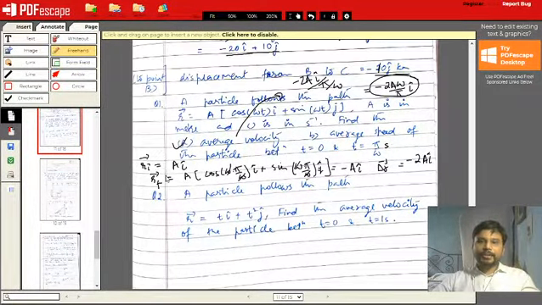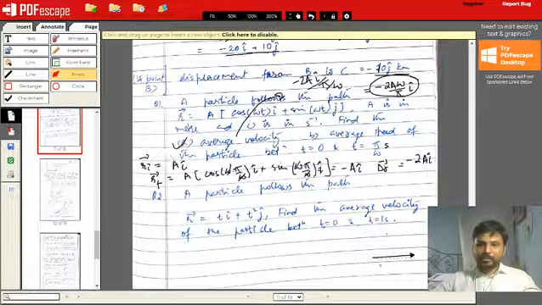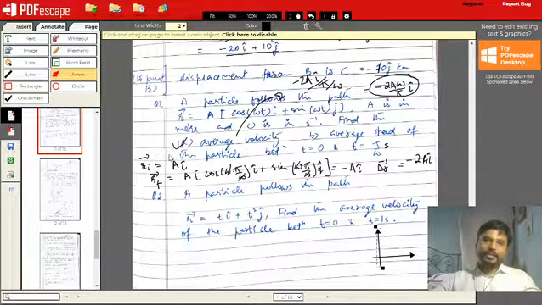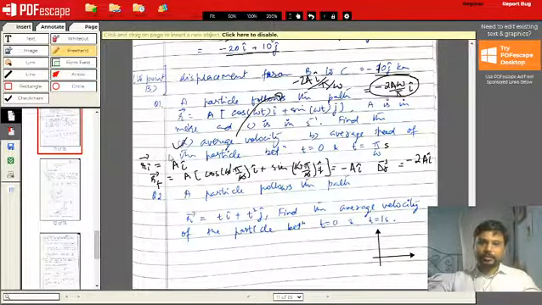To write the average speed of the particle, we have to identify what kind of motion this is. This is a circular motion, which you would learn later. So let us take some x-axis and some y-axis, and the particle is moving in some kind of circle.